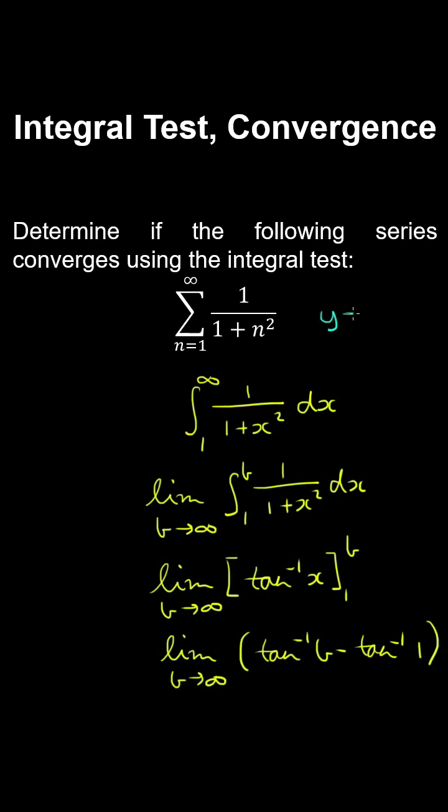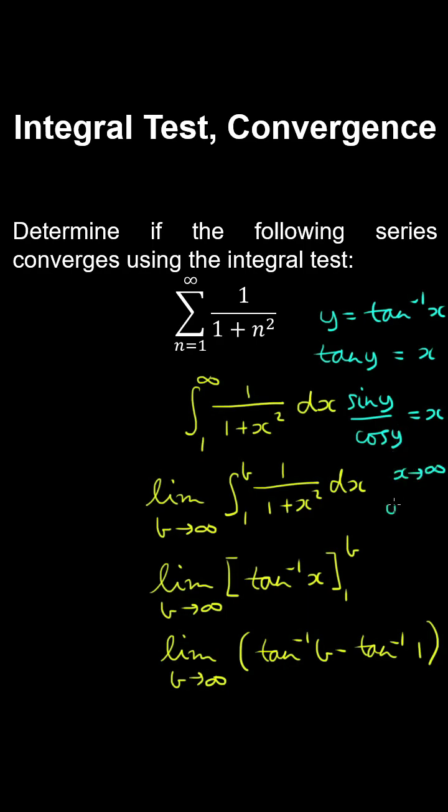So remember, when y is equal to the arctan of x, we can take tan of both sides, and we can rewrite tan as sin y on cos y. So if x approaches infinity, then y must approach pi on 2. So therefore this term evaluates to pi on 2, and this term is finite, so therefore this integral converges, and because this integral converges, this series also converges by the integral test.